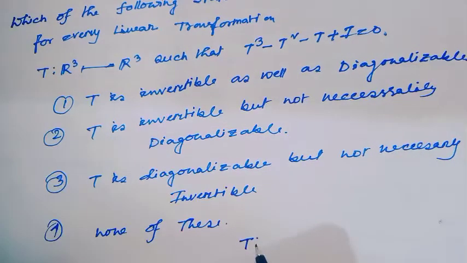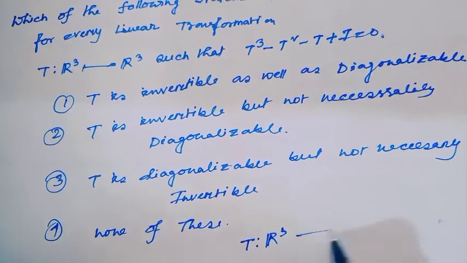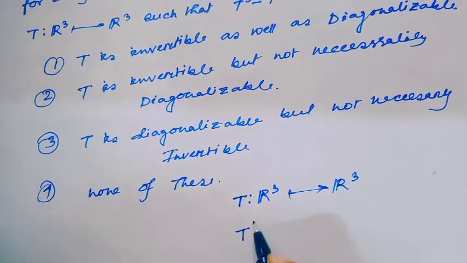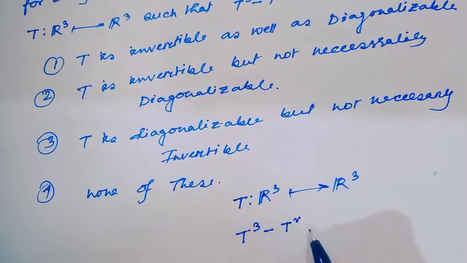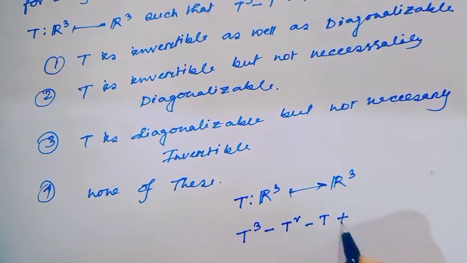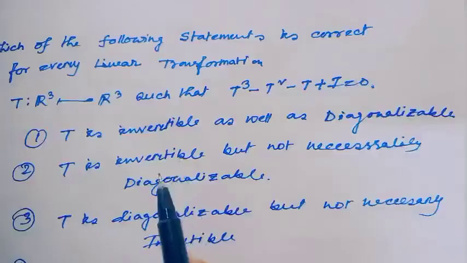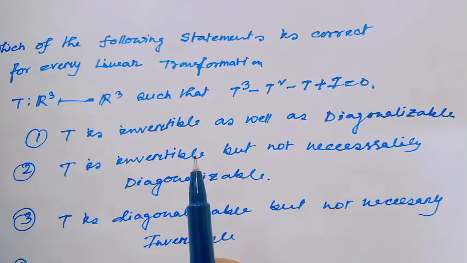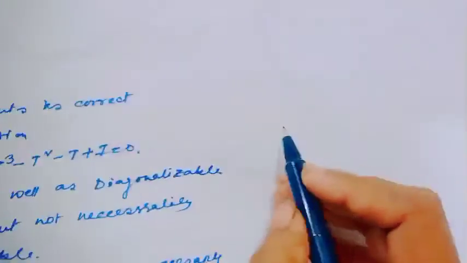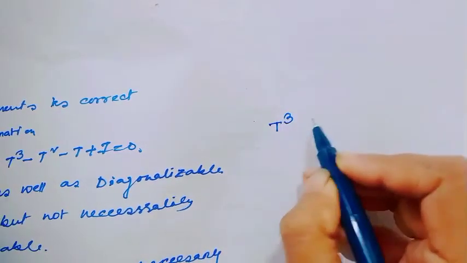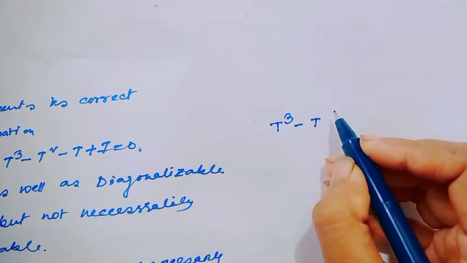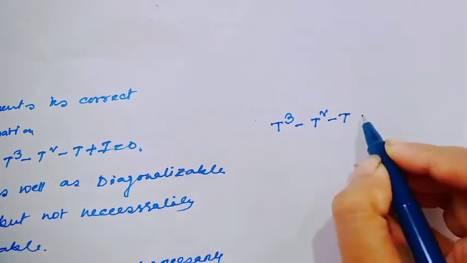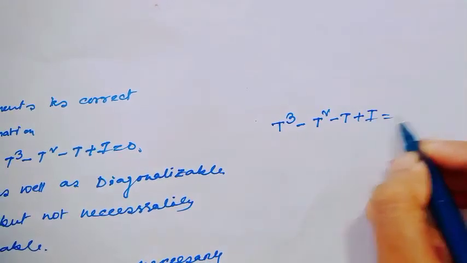Here the mapping T from R3 to R3 is defined as T cube minus T square minus T plus identity equal to 0. Since we have to prove T is invertible, I will use this annihilating polynomial, T cube minus T square minus T plus identity equal to 0 operator.